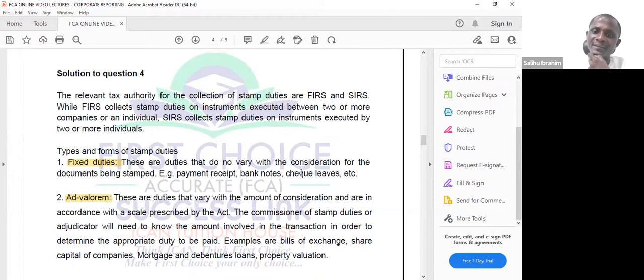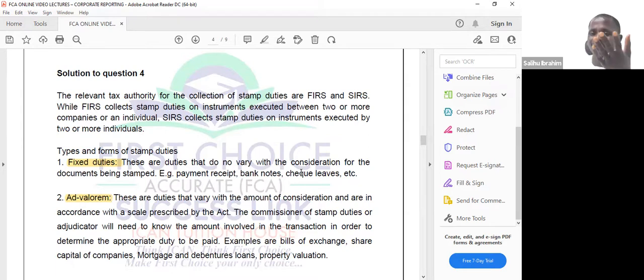An example is bill of exchange. The stamp duty you are going to pay on a bill of exchange will be based on the face value of the bill of exchange. So if my bill of exchange is 5 million naira, the stamp duty I am going to pay will be different from yours with a face value of 10 million naira.